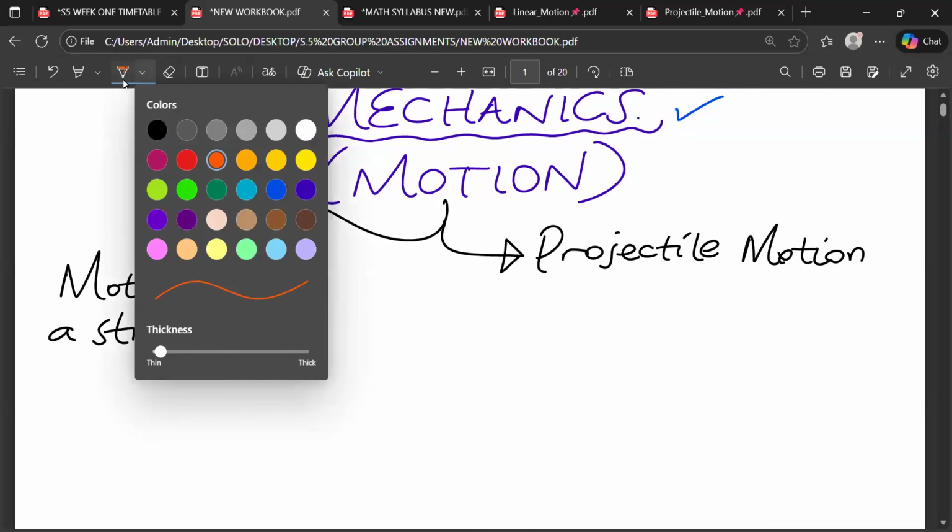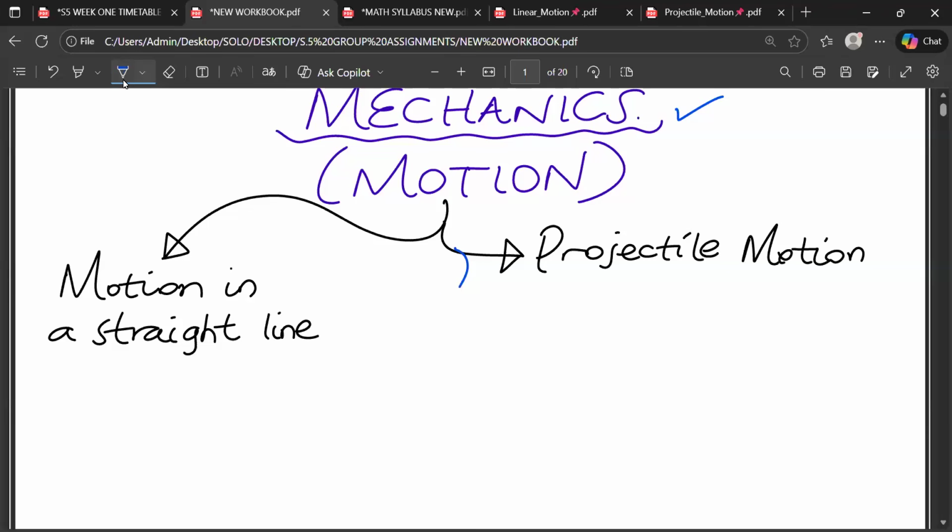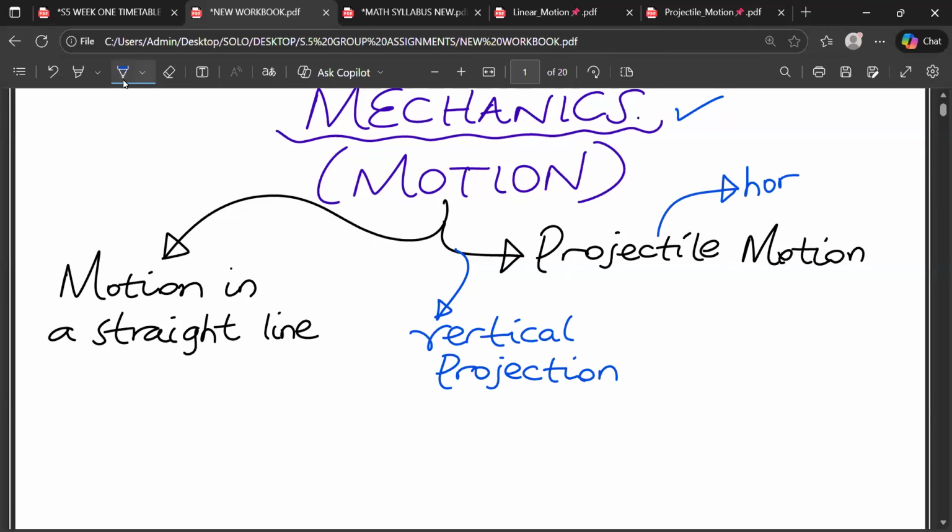But I would want to separate something here, that we shall also talk about vertical projection. And I'll tell you what all these ones mean. Vertical projection. So for projectile motion, we shall talk about the part of horizontal projection. Shouldn't forget.